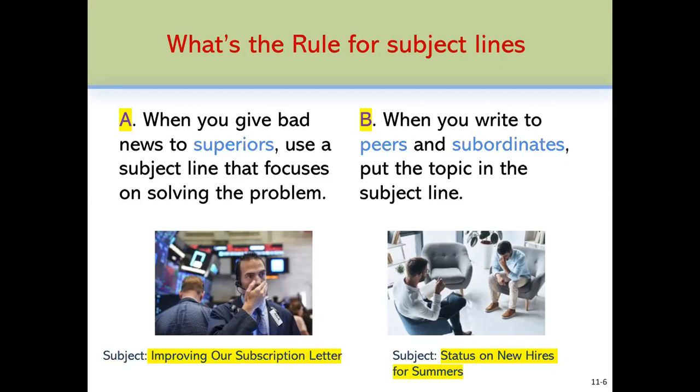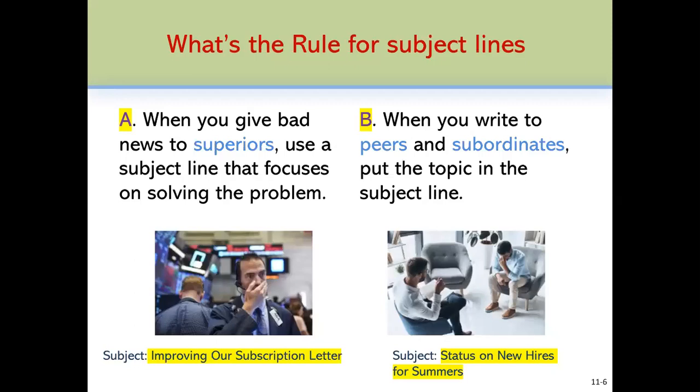If you're talking to a superior, we're giving them a solution rather than complaining about something. Improvement of our subscription letter means that maybe our subscription has gone down, so we're thinking of improving it so that lots of people get a subscription again.